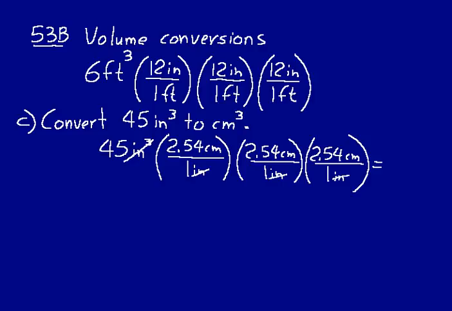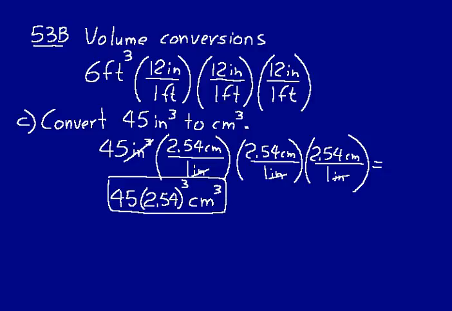And therefore, we're left with 45 times 2.54 3 times, or we could just simplify this and use an exponent, 2.54 cubed, and then our units are centimeter times centimeter times centimeter, or centimeter cubed. So that's our answer there. 45 times 2.54 cubed centimeters cubed.